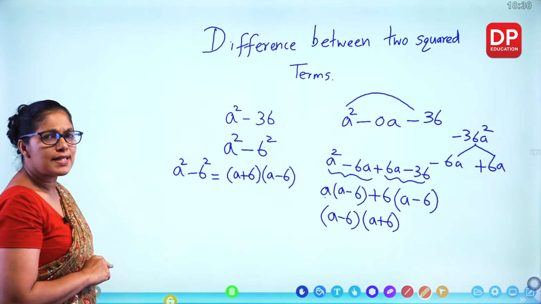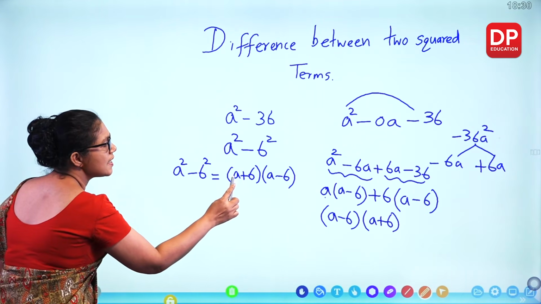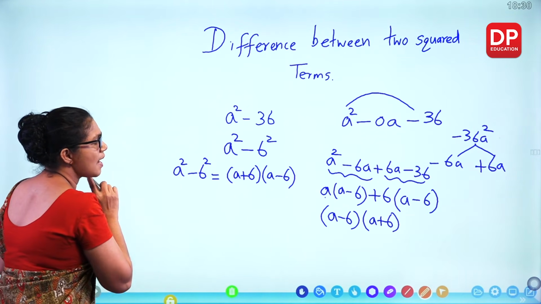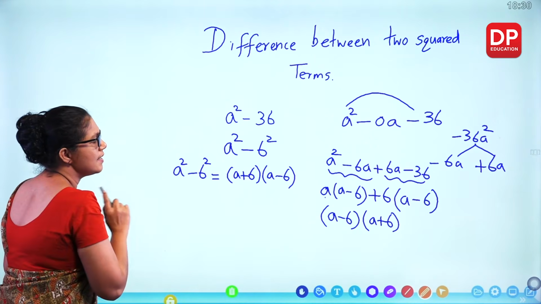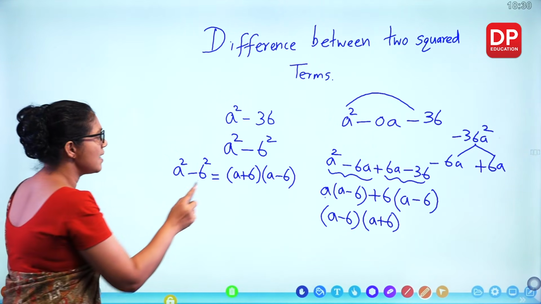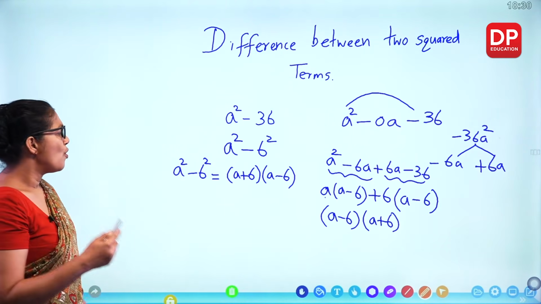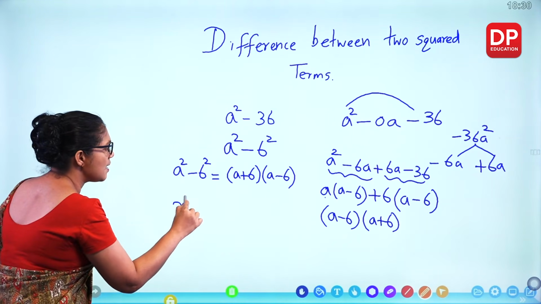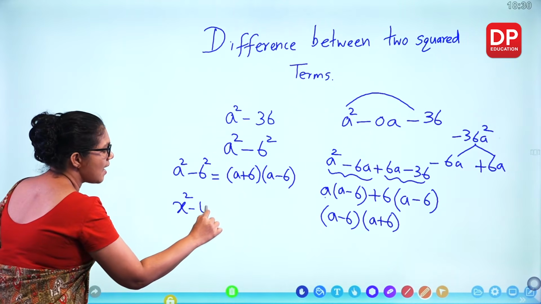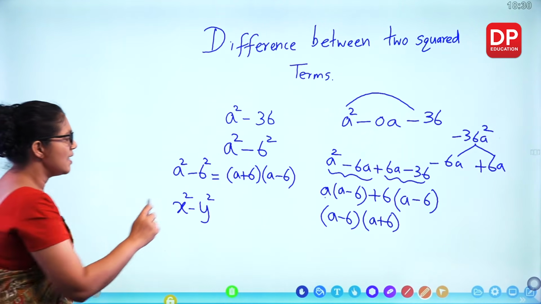Can you see a pattern now? Here this letter comes here and here. This number comes here and here. So when you get square terms with a minus sign, one factor is positive and one is negative. So when you get one term as x squared and the other term as y squared, what are the factors?